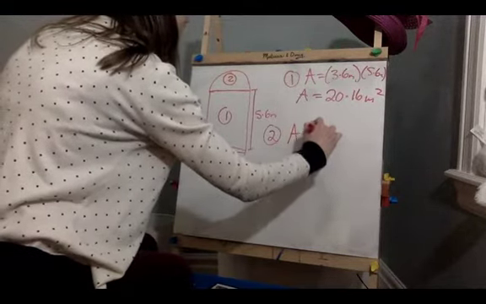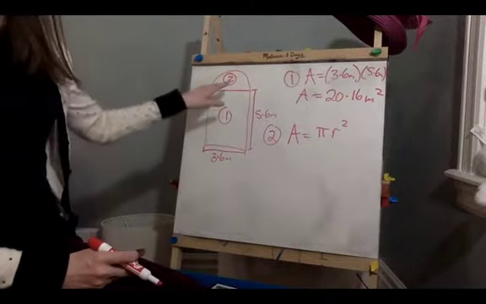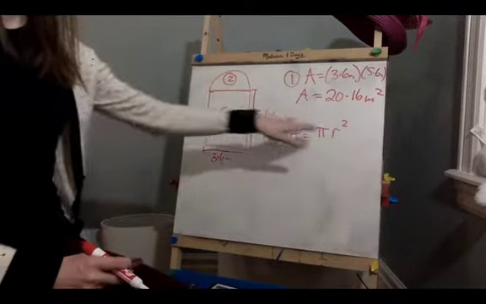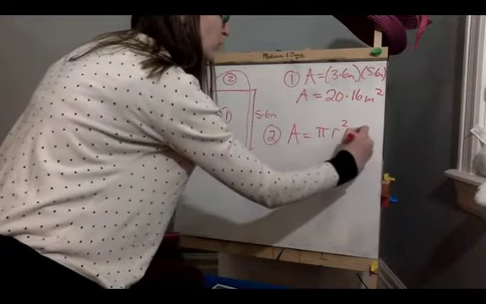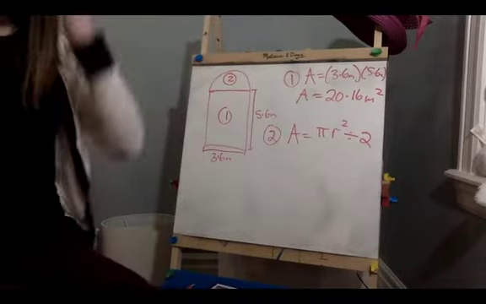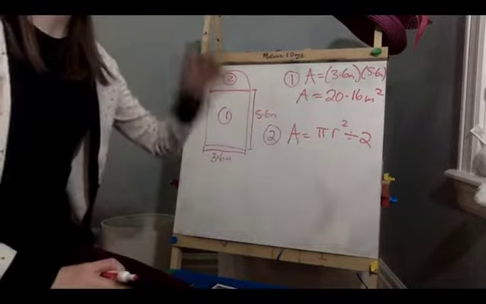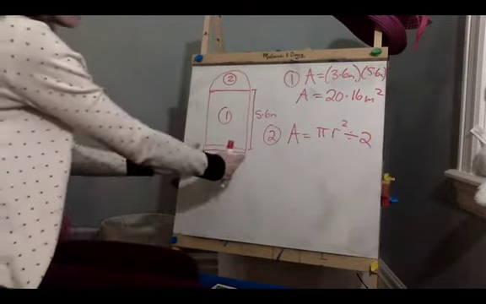would have been pi times the radius squared. But we're not interested in just a circle, we're looking at half of a circle. So once we find that pi r squared, we need to divide it by 2. Okay? So the next thing, in order to be able to solve this one, is we need the radius of the circle. You notice that there's no value given in the circle part, but this dimension is the same.